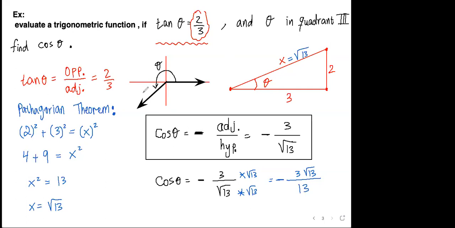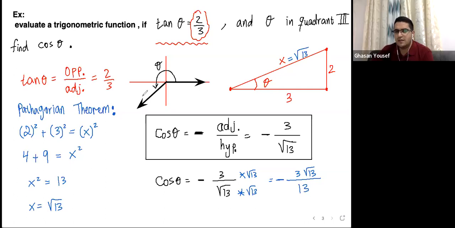Isn't that the one with the tan? Like "All Students Take Calculus," so the tan is the one that's negative? In the third quadrant, if the question asks for the tan of theta, the tan will be positive.